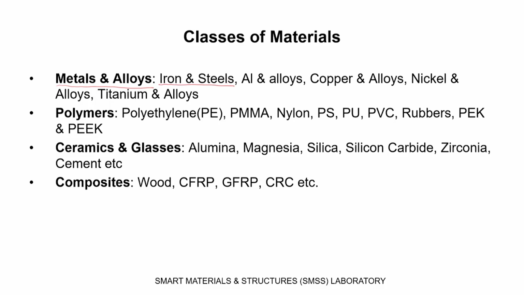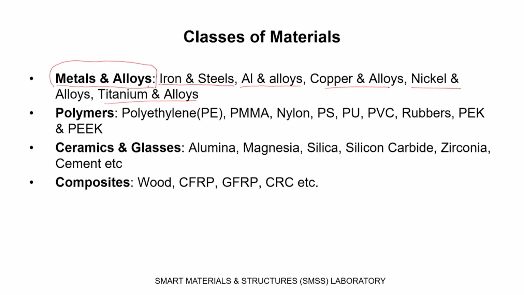Then of course, the ones that are becoming very popular: aluminum and alloys, copper and alloys, nickel and its alloys, and of course, for biomedical devices and biomechanical applications, prosthetics, as well as for spacecraft, rockets, etc., titanium and alloys. So, this is one major group of materials that we have to consider.